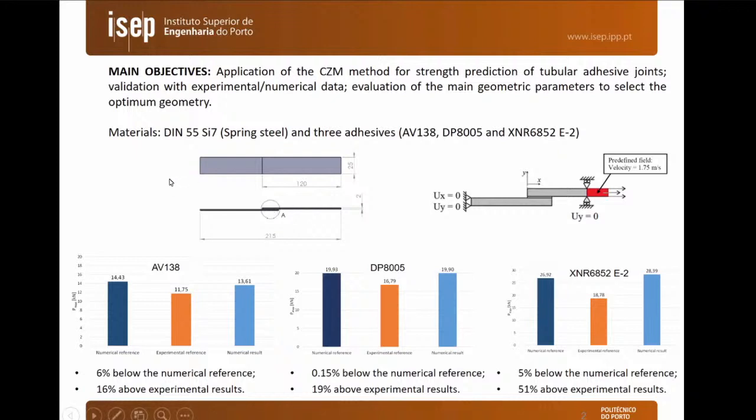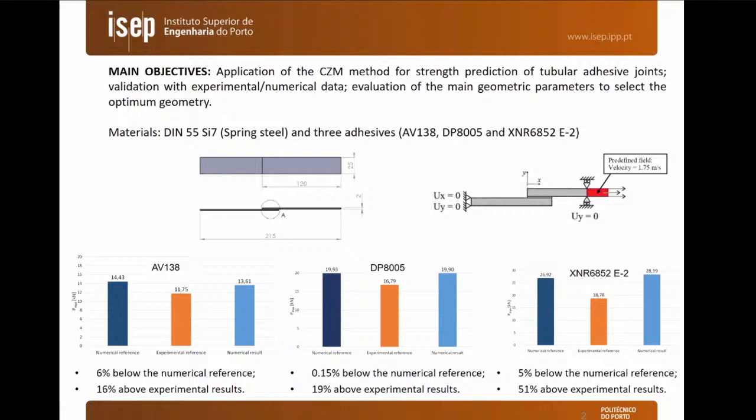So we selected a single lap joint subjected to impact loads, and we compared our model with the experimental and numerical results from that reference. As you can see, only the last adhesive, the 6852, a hybrid adhesive, shows a larger scatter than the others, with a 50% overestimation compared with experimental results.